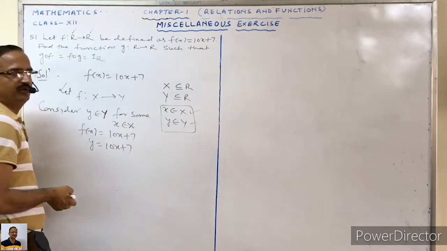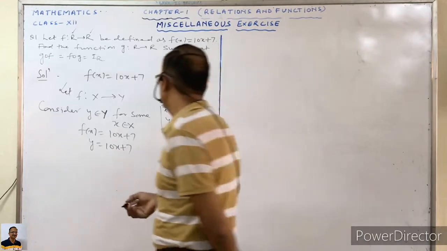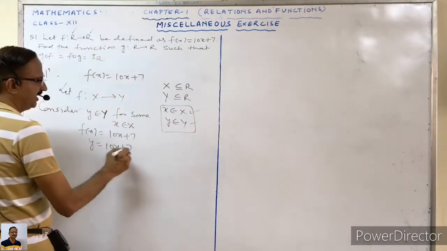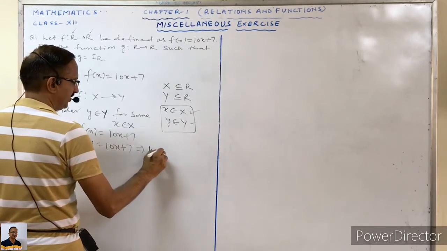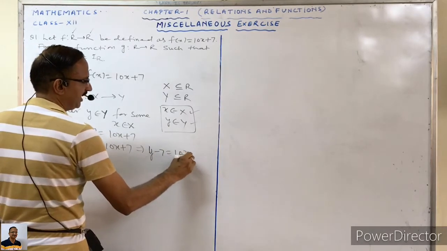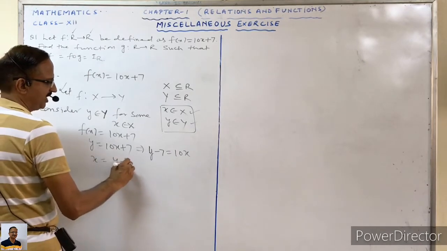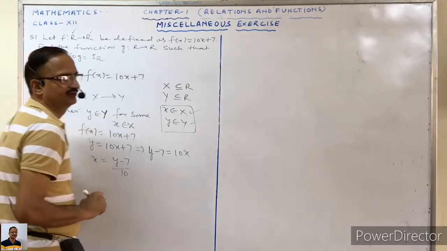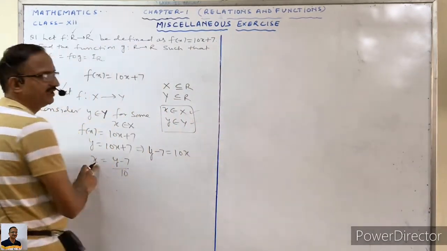Now with the help of this we will find the value of x. So we will write this as y minus 7 equals 10x, or you can say x equals (y minus 7) by 10. And this is nothing but gy.